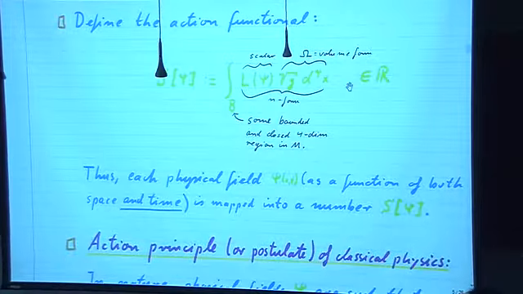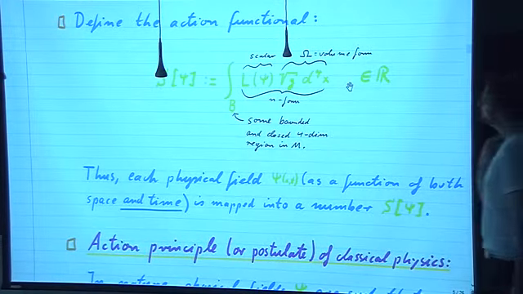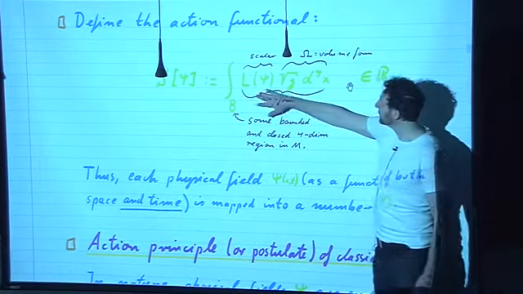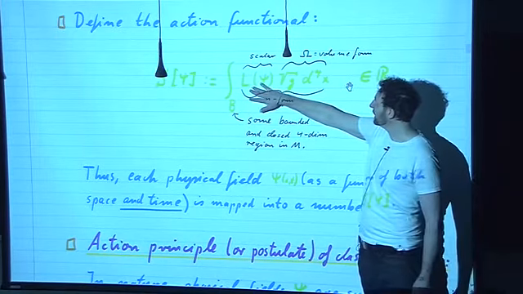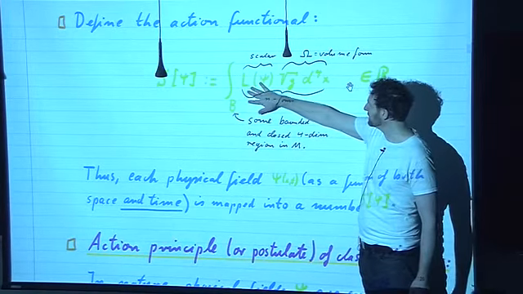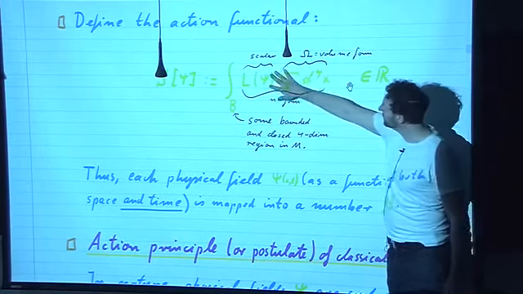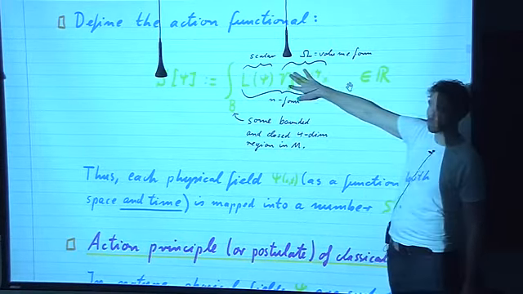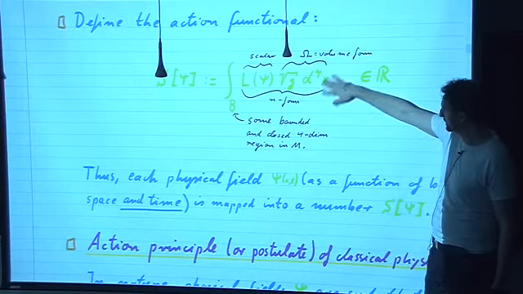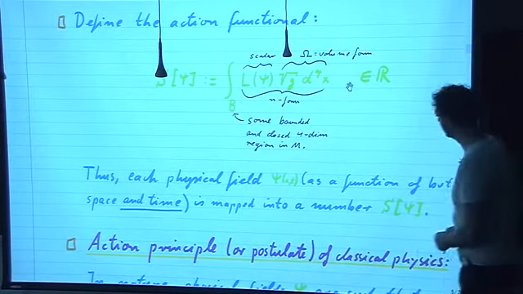Then we can define the so-called action functional. So we take the Lagrangian, and remember, the Lagrangian is a scalar function. We multiply that with our metric-induced volume form, square root of g times the n form, which is the 4 form in space and time.